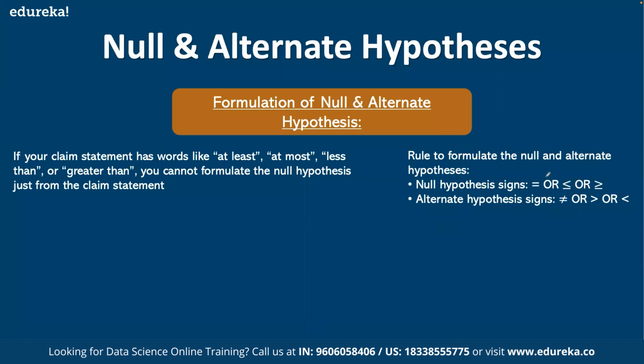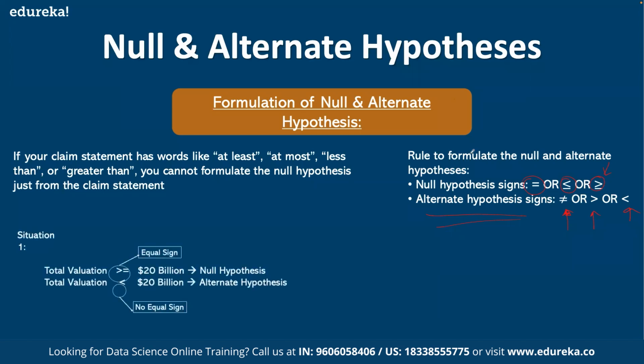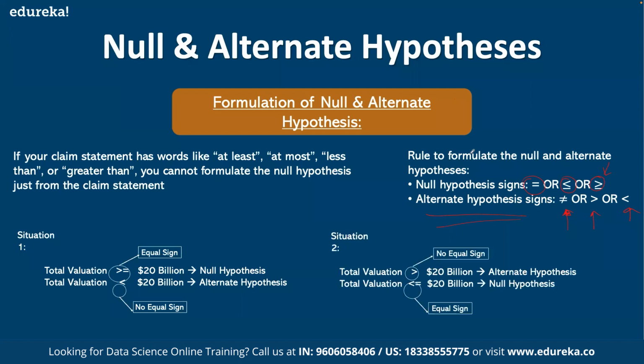These are the ways in which you are going to formulate your null hypothesis, and the alternate hypothesis is the opposite of it. If I'm using equal to, it is not equal to. If it is less than or equal to, then it will be greater than. If it is greater than or equal to, then it will be less than. This is how we formulate the null hypothesis and the alternate hypothesis. Once we formulate them, we go ahead and perform the testing.